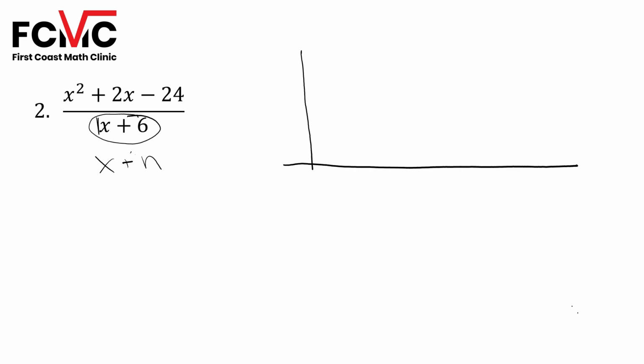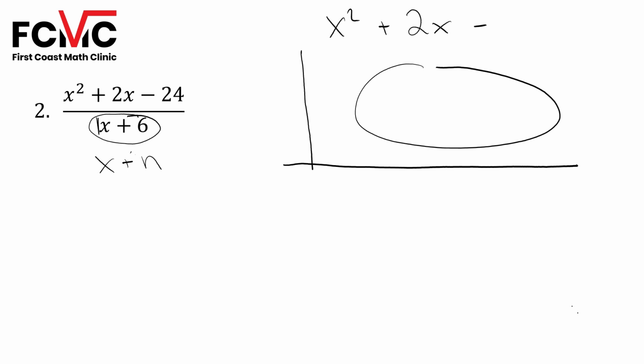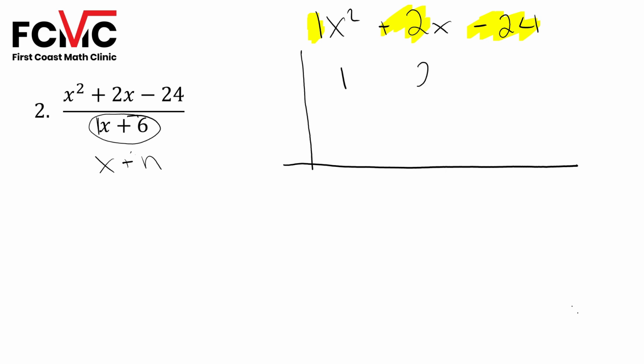Draw our axes. We know that our term inside here is going to come from the x squared plus 2x minus 24. We know this is a 1, so we want the coefficients, so that 1, positive 2, and negative 24. So I'll put 1, 2, negative 24.